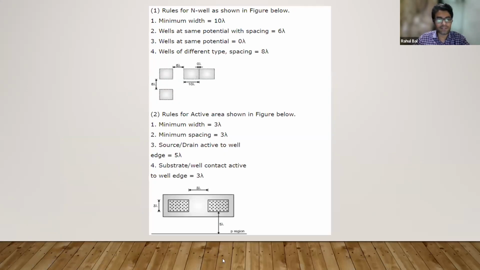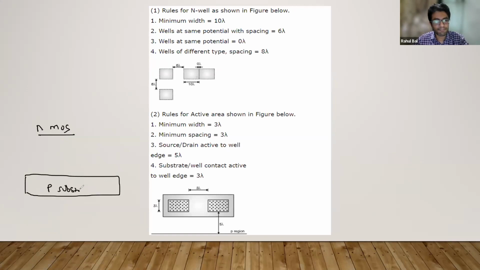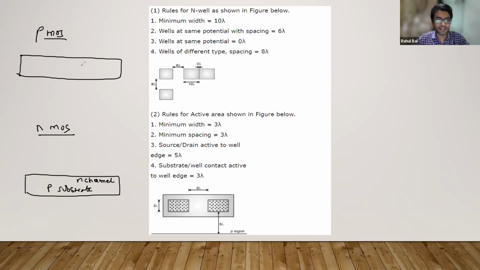Okay, so previously we have talked about NMOS fabrication. In NMOS, we have a P substrate and an N channel. For PMOS, what we do is an N substrate and a P channel, right?